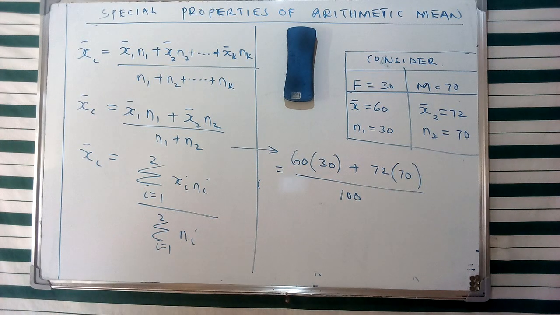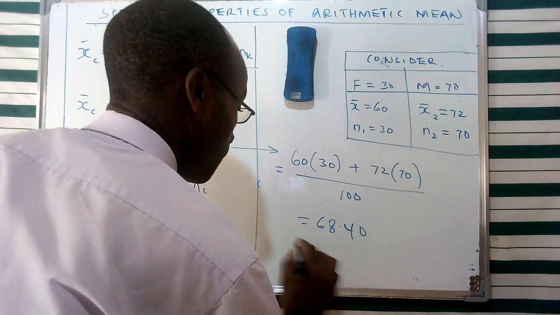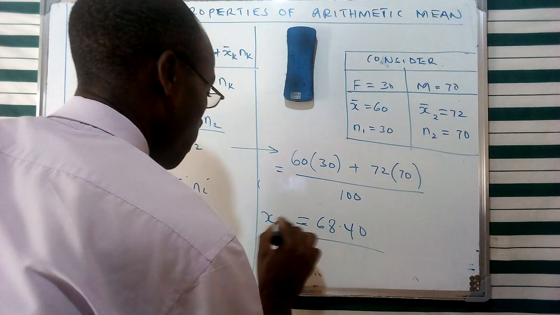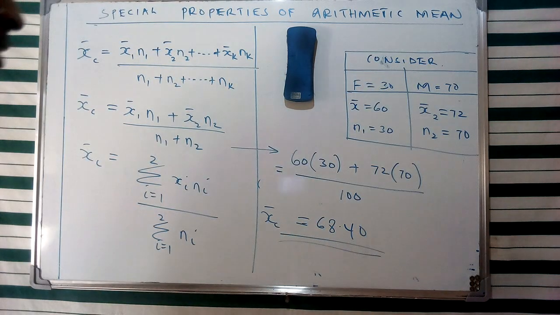So that's going to give us a total of 68.40, and this is going to be our combined mean for the total class that constitutes the male and the female students.